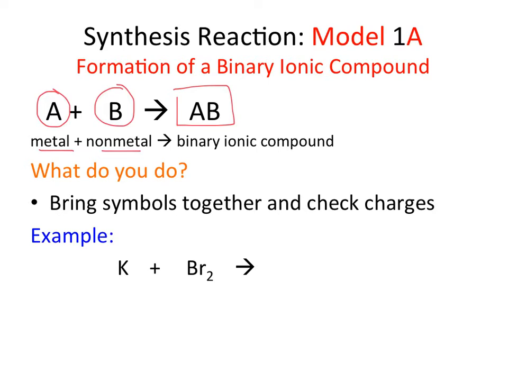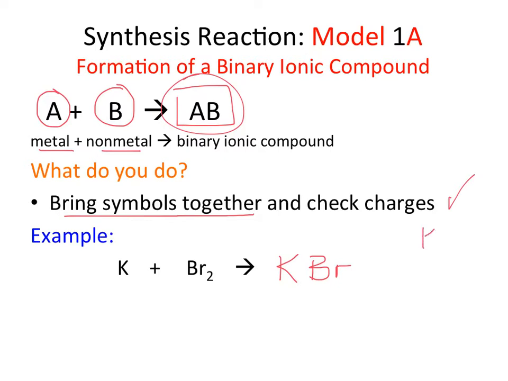So how do you predict this portion right here? What you will do is you will bring the symbols together of the two elements, and then you will check your charges. So if we take a look at this first example, we will just bring the K and the Br next to each other, and then we will check our charges.